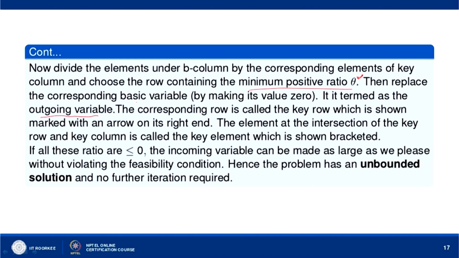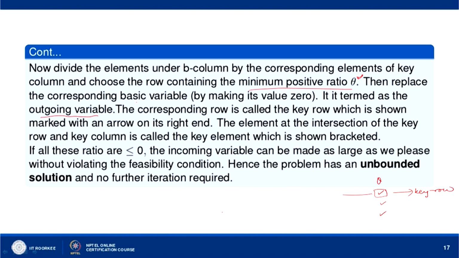Suppose this is your theta column, with values in it. Suppose this is the minimum positive ratio, then this row will be called the key row.